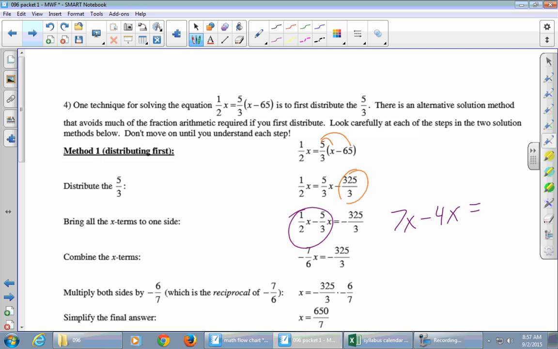7 minus 4, right? So apparently what we're supposed to do, so I'll write it out here, 7 minus 4 times x, that's what we do. Might not even think about it, but that's what we're doing. So I guess what that means is that if I want to do a half x minus 5/3 x, I really need to do what calculation? Over here?